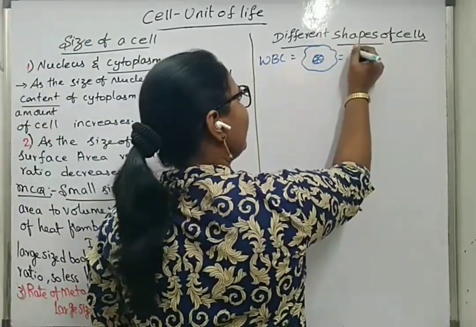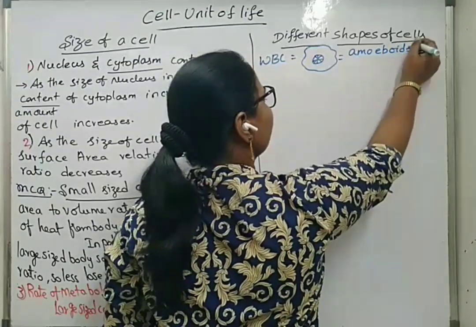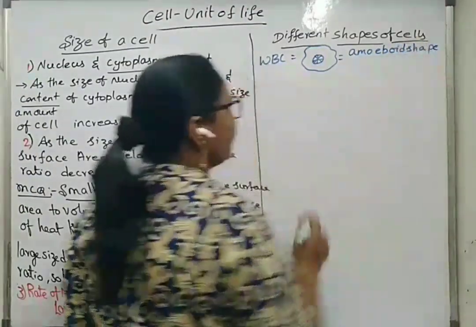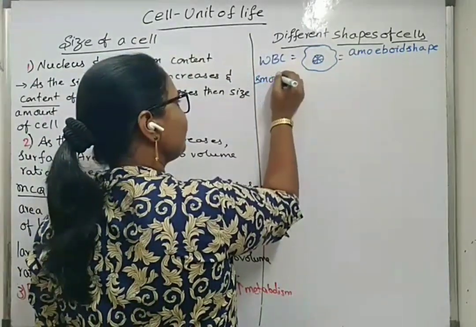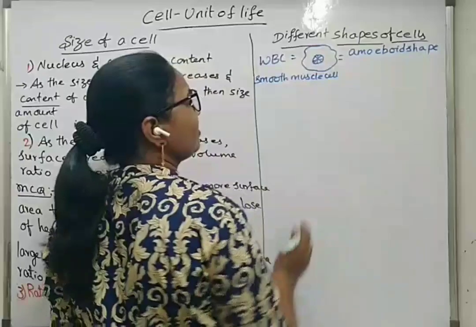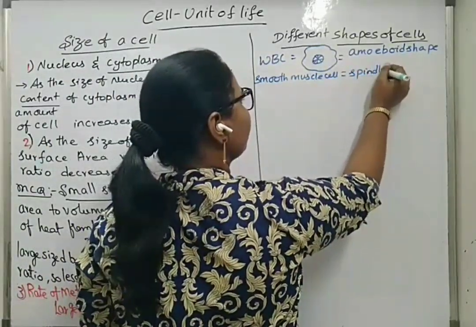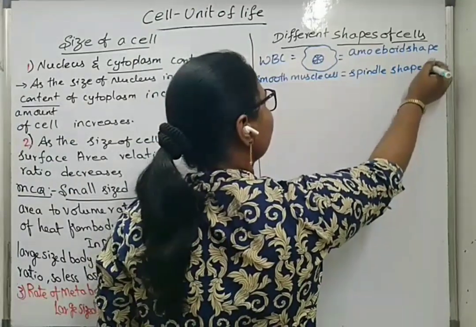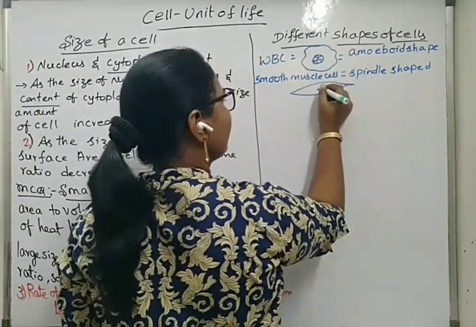We can write here WBC, amoeboid shape. Next, smooth muscle cell. In the animal body, it is spindle shaped. It will look roughly like this.